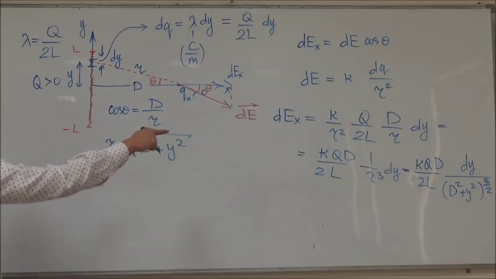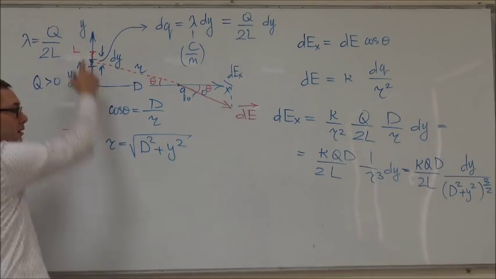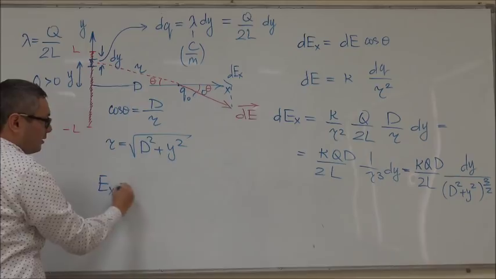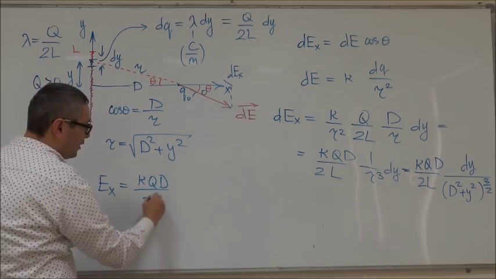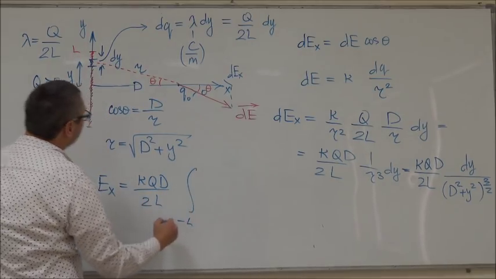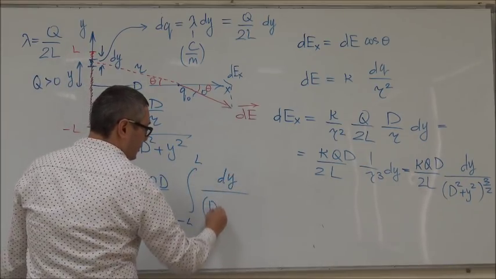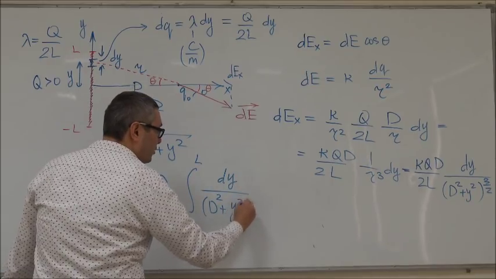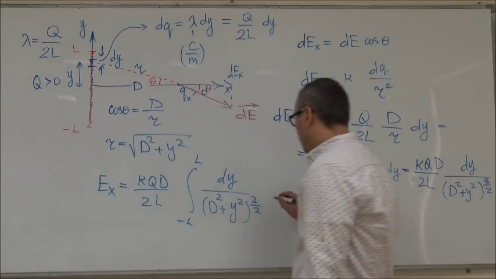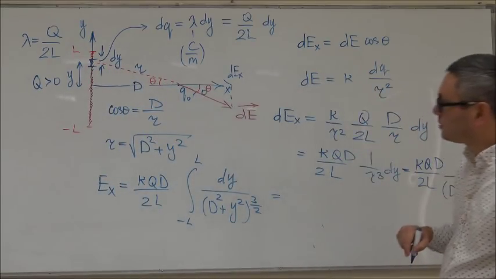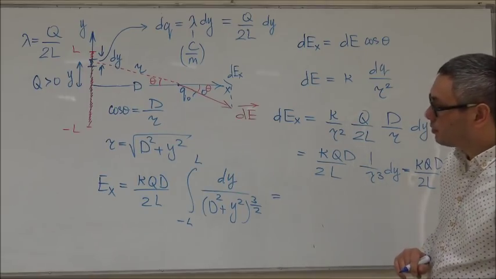The total electric field would be just the integral of this thing, and we have to integrate y from minus L to plus L. Okay, so the total Ex is equal to the integral of that, so that's kQd over 2L, from minus L to plus L, of dy over d squared plus y squared to the power 3 over 2. Now, in general, in this course, you are not expected to be able to take these integrals. You can just look them up in the table and just substitute for the formula here.